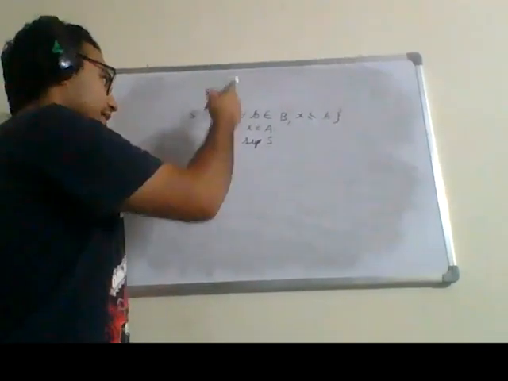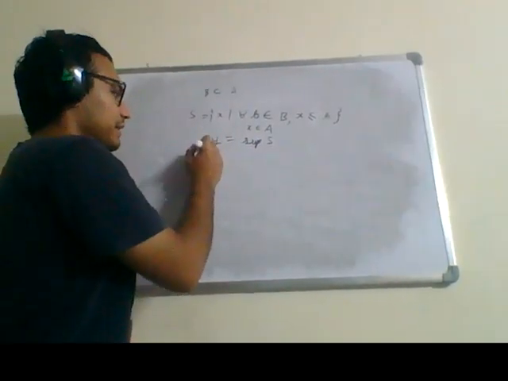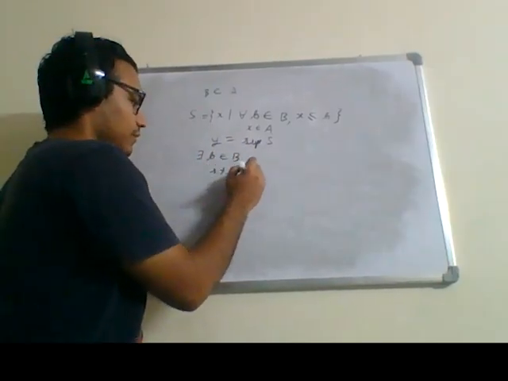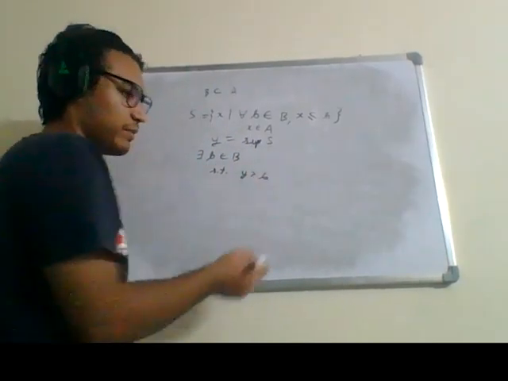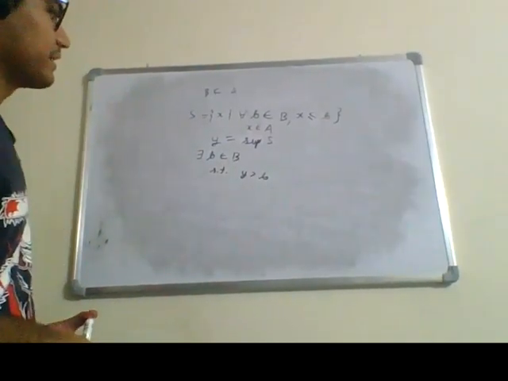So first you have to show that Y is a lower bound of B. So let Y not be a lower bound of B. That means there exists b in B such that Y is greater than b. That's the only way it's possible, right? What does that mean?